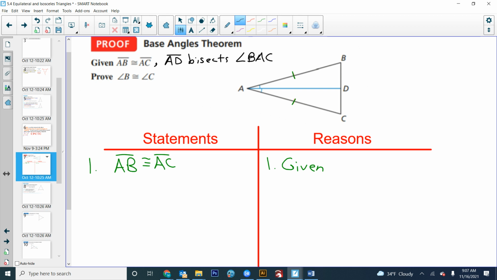If I cut a cake in half with a sword, I get two congruent pieces of cake because the sword is the bisector. AD bisects angle BAC. AD is the sword. BAC is the cake. If you're cutting an angle in half, you get two congruent angles.